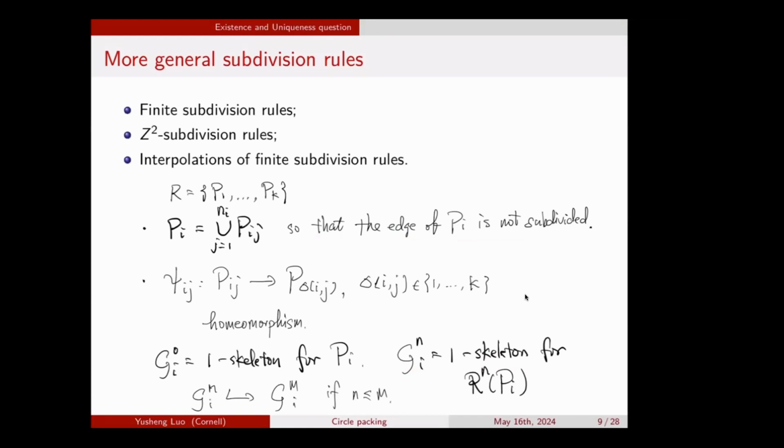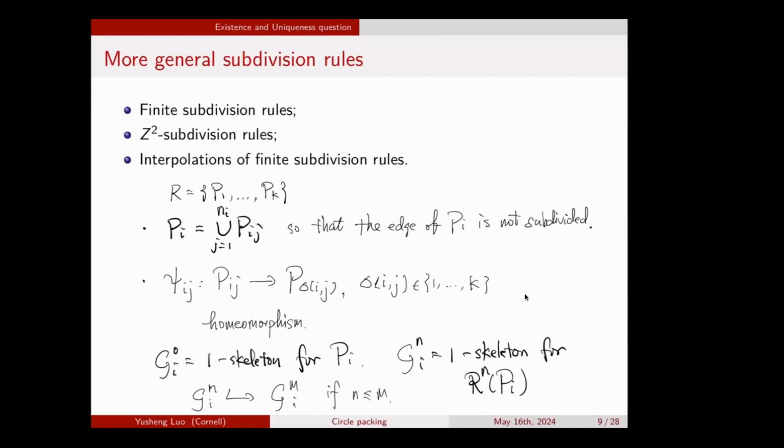Right, so we can consider more general subdivision rules where we allow the subdivided polygons to be infinite, like the Z2 subdivision rules. And we can also look at some interpolations of these finite subdivision rules and so on.